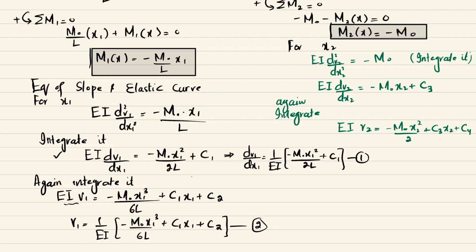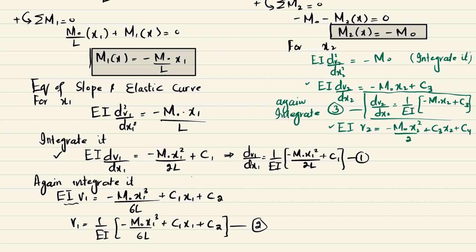If you divide this equation by EI on both sides, you will get dv2 over dx2 is equal to 1 over EI into minus M naught x2 plus C3. This is equation number 3.